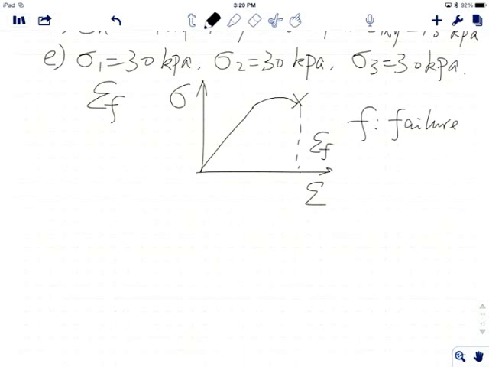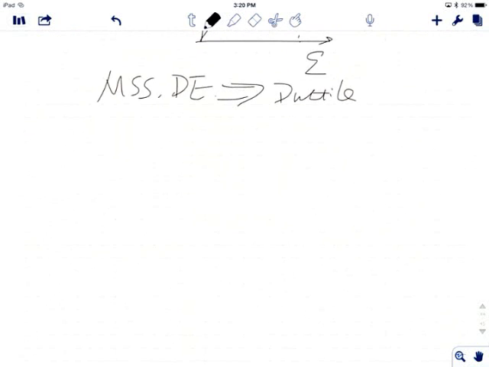Okay, all right. Now, why is that important? Remember all these criteria we learned so far. What material? Ductile, right? They are only good for ductile. If it's brittle like glass or ceramic, it doesn't work, right?